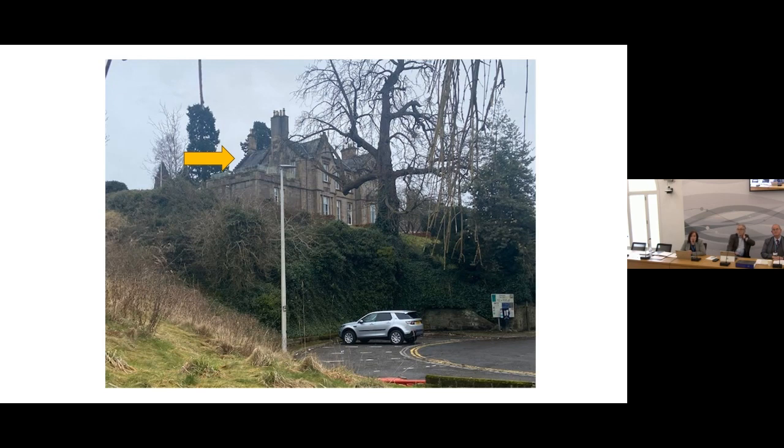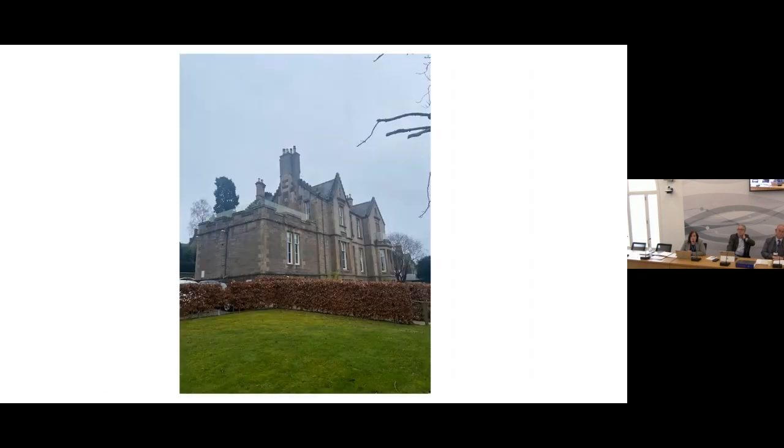So you can see the property, you can see the flat roof area, and where the yellow arrow is, that's the location of the property. Next slide, please. And then this is a closer up image of the front of the property with the rest of the flats, and the application site with the flat roofed area with the glass balustrade round about it.